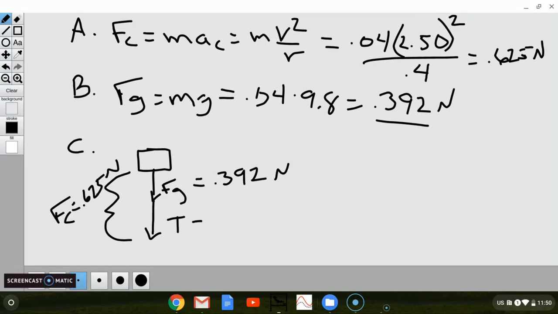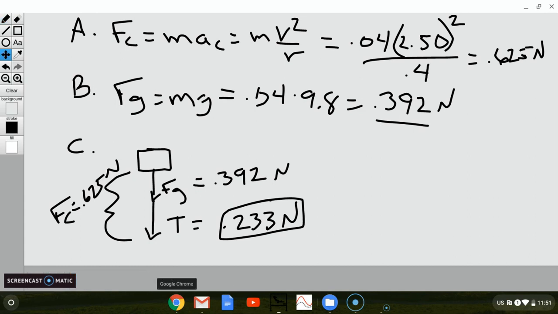Don't put units over there. So basically what I've got to do is figure out what plus 0.392 equals 0.625. So if I just go to the calculator real quick, 0.625 minus 0.392, we get 0.233 newtons. All right, we're done with part C. So there's our answer for part C.